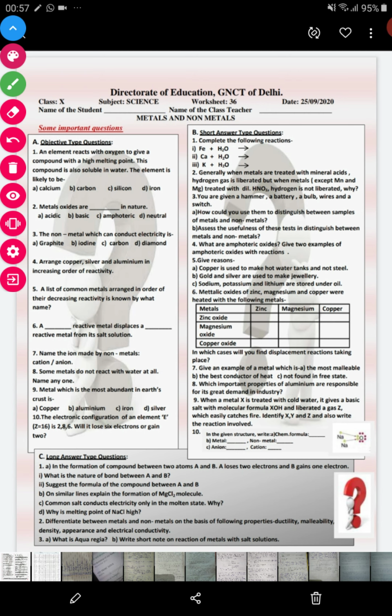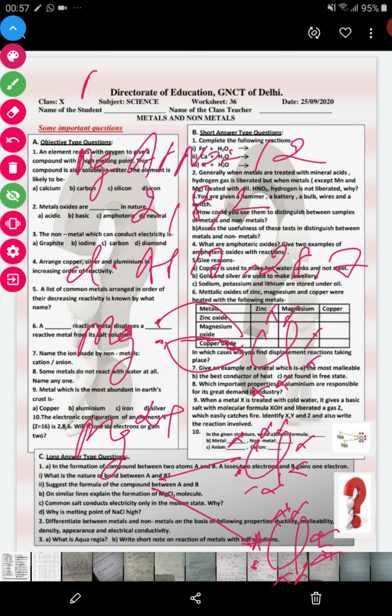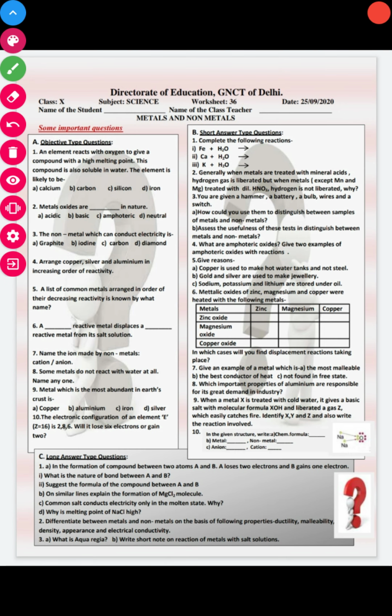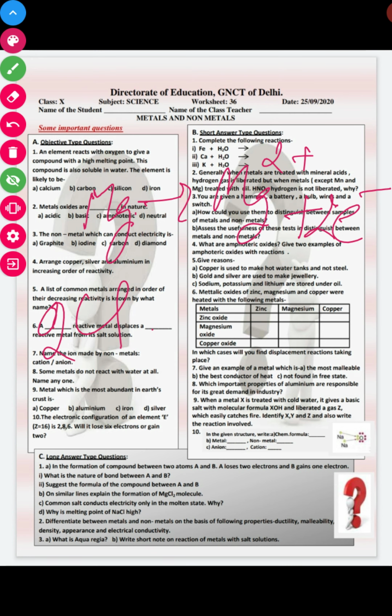And you can also write this equation like this. See, magnesium becomes Mg2 plus by losing 2 electrons, and 2 atoms of chlorine gain 2 electrons and become chloride ions.